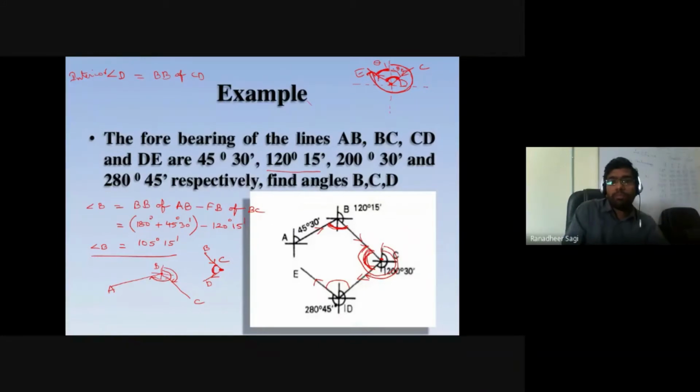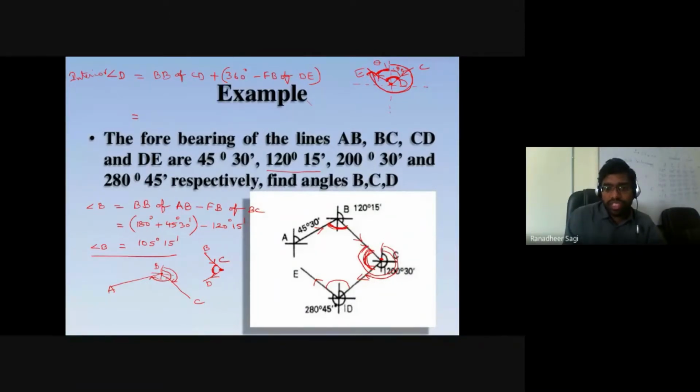And theta1, to completely get the interior angle at point D, is 360 degrees minus the forebearing of the DE line.